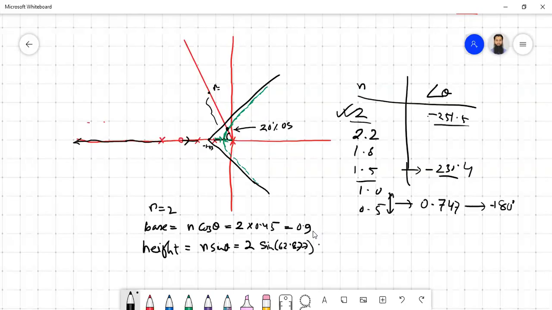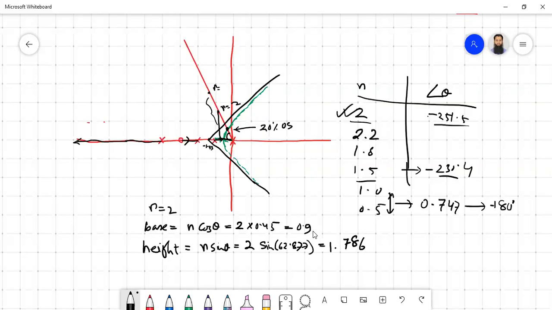If you apply that, you're going to get approximately 1.786. So at r equal to 2, for the point that we are finding, we calculated the corresponding base value and height value.